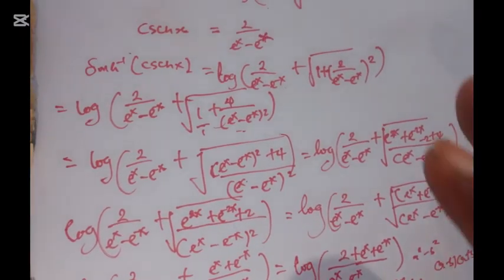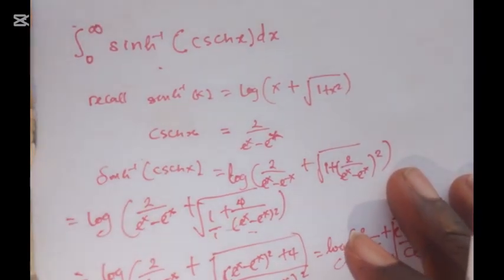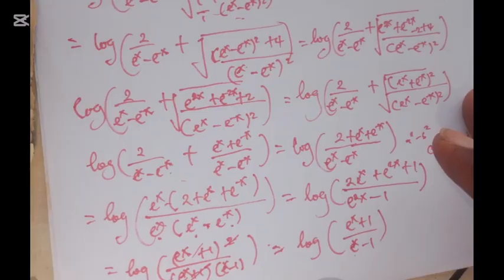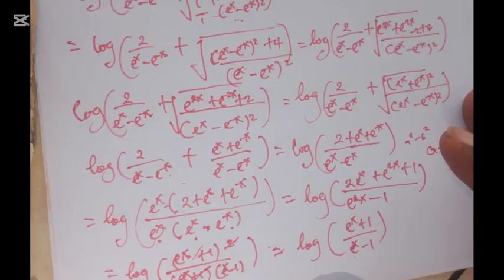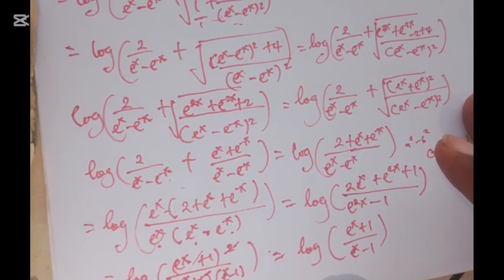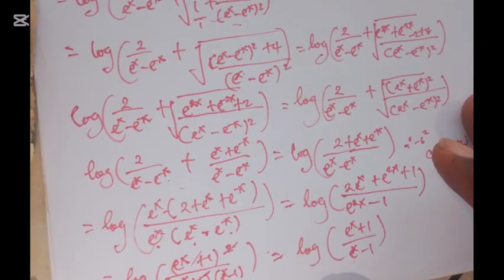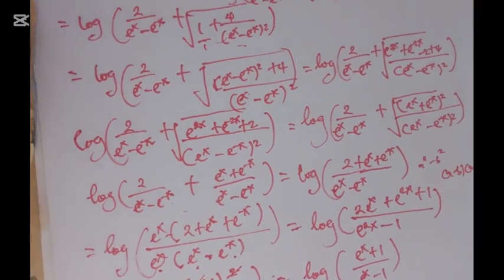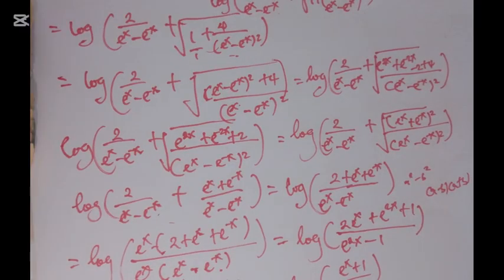So we've simplified arcsinh of the quotient of x to be what? Log exponential x plus 1 over exponential x minus 1. We have to assume that we are working with a natural log. In this case, this is an integral, so we are working with natural log. Are we together now? Now, what we're going to do is to evaluate, or to integrate, log exponential x plus 1 over exponential x minus 1, from 0 to infinity.